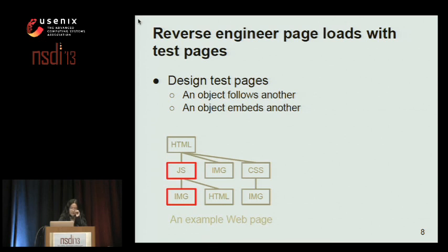And this represents one object embeds another. So any given web page can be assembled using these 2 elements. So for our test pages, we look at all pairwise objects of different kinds that represent the 2 relationships. So the kinds of objects can be HTML, CSS, JavaScript, and so on and so forth.